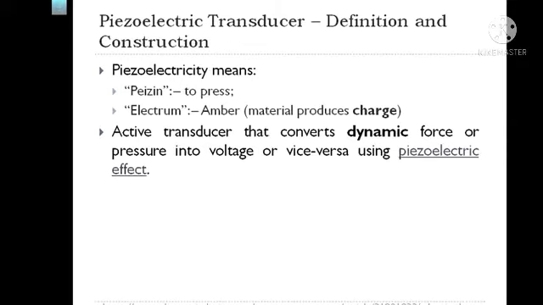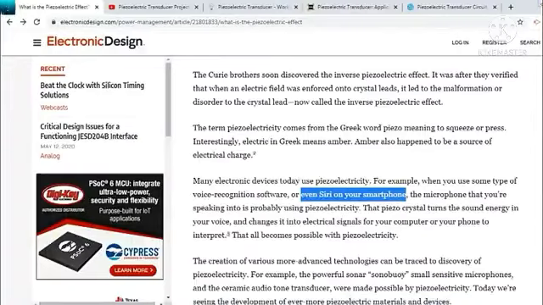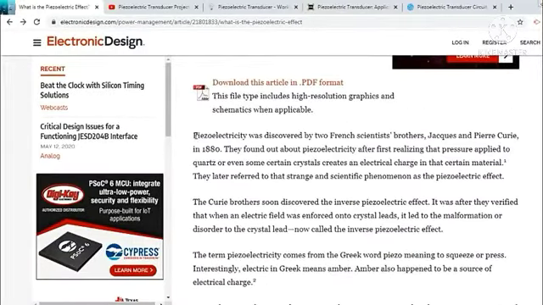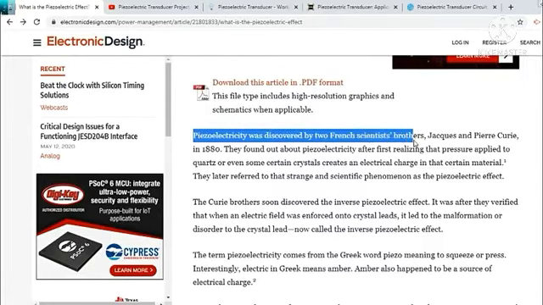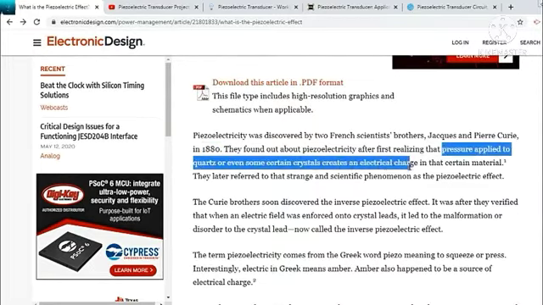Let us recollect the piezoelectric effect from our physics understanding. Let me show you a browser which contains some explanations. Yes, piezoelectricity was discovered by two French scientists, Jacques and Pierre Curie, in 1880. They realized that pressure applied to quartz or other crystals creates electric charge.